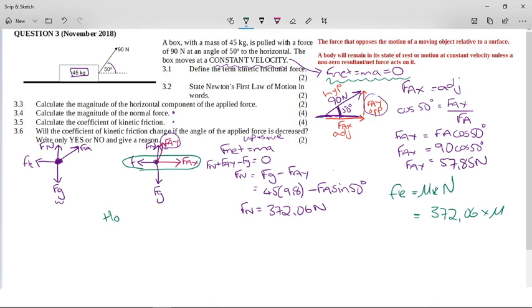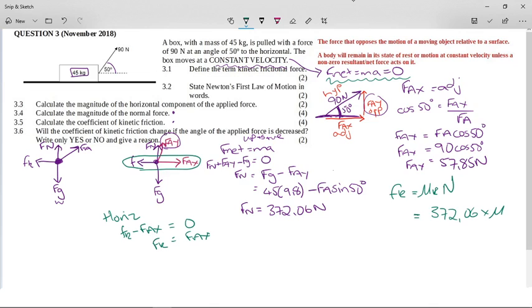Looking horizontally, little f minus Fax, because if little x is in the positive direction, Fax is going the other way, so it's negative. The force of friction minus Fax is equal to 0, because there's no net force on this box. So the x component is equal to Fk.